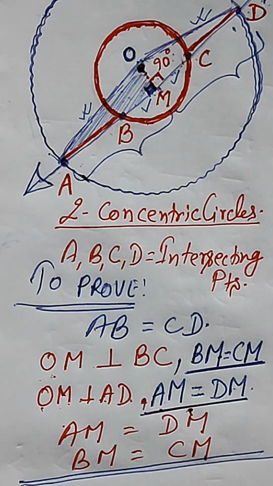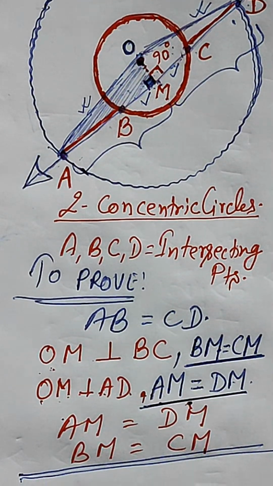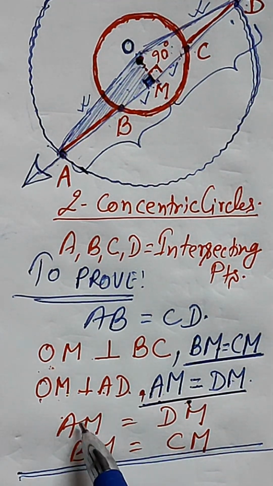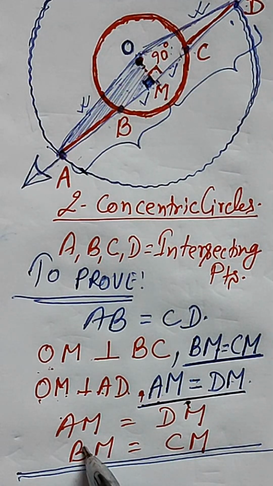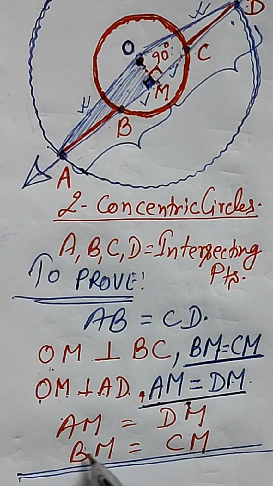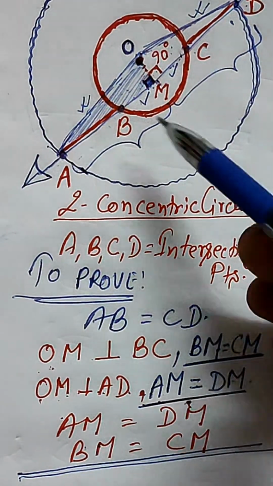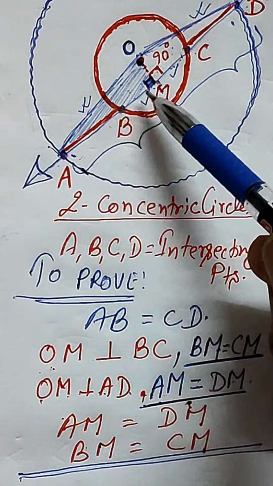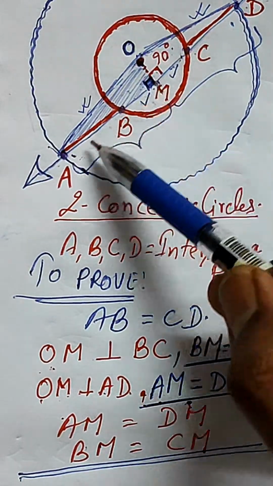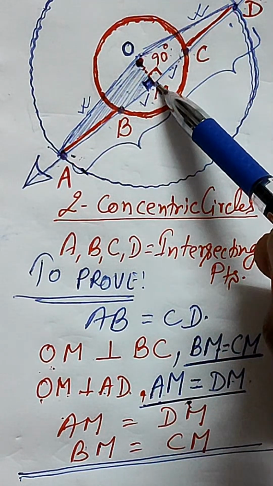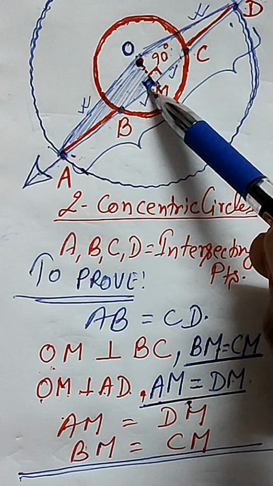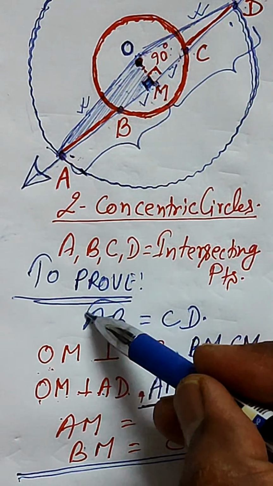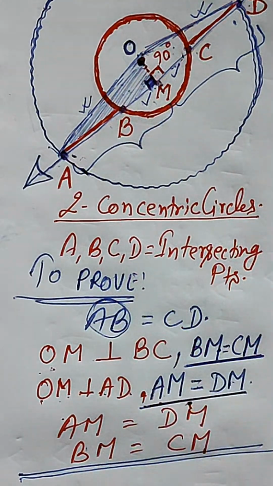When you subtract it, it will be AM minus BM. So AM minus BM is what? You can see AM is this chord of the bigger circle which is bisecting. So this is AM minus BM. Isn't it give you AB here?